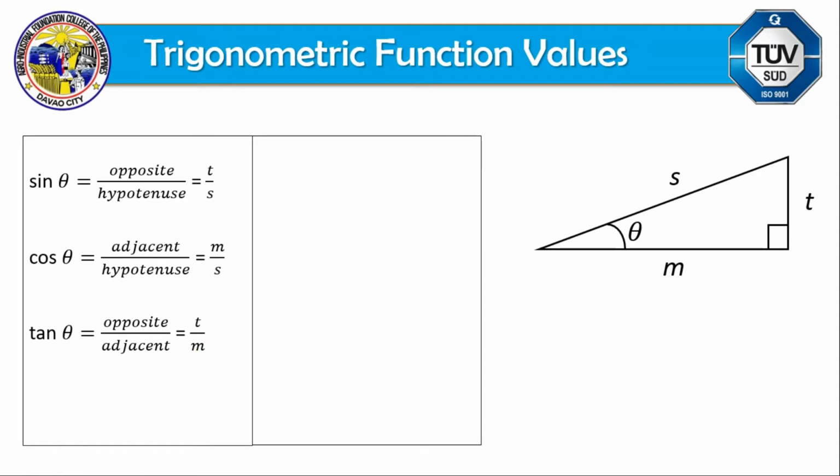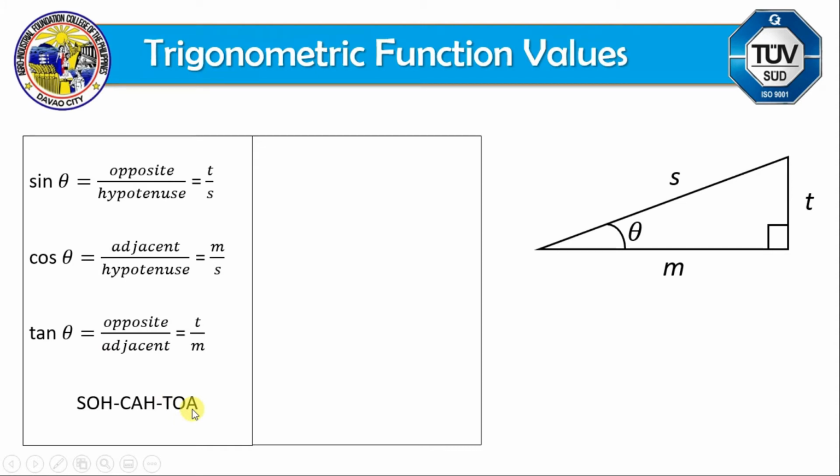So, madalas nating maririnig ito, especially pag trigonometry. Okay? Ito yung may mnemonic, or para mas madali nating maalala, na so, ka, towa. Okay? So, meaning S sine opposite over hypotenuse. So, S, O, H, ka, C, A, H, cosine is adjacent over hypotenuse. Then, towa, tangent, T, O, A. Okay?